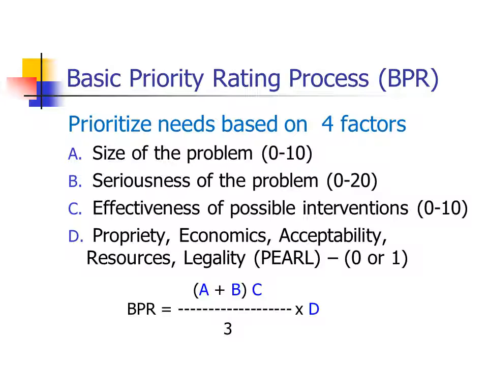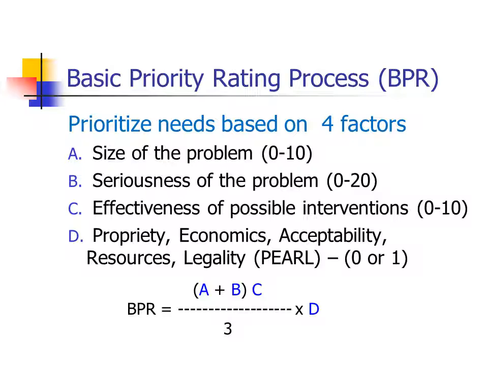Economics are the intervention strategies that we're identifying that we're going to do. Are they just simply too cost prohibitive to be able to do something? Are the methods that we might employ acceptable? Are they legal? Do we have the resources or the capacity to be able to do that?